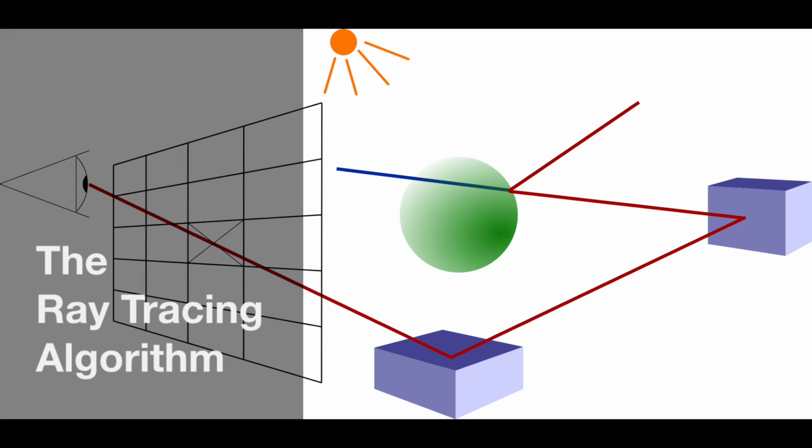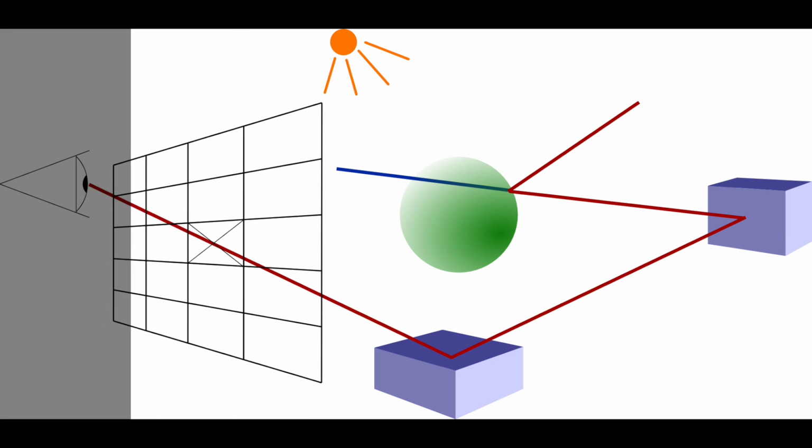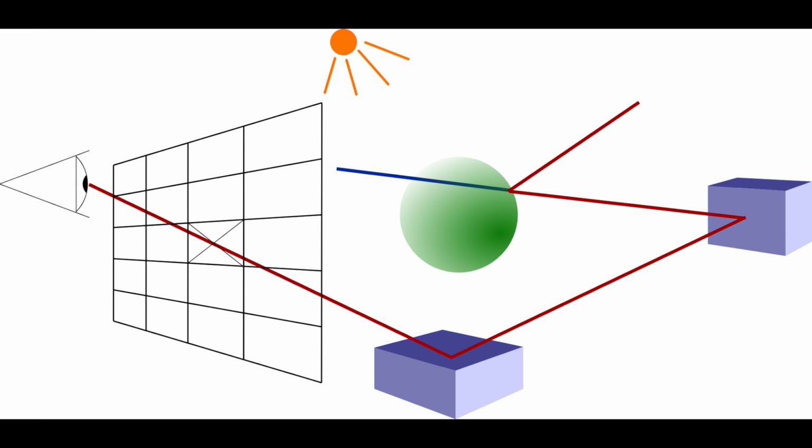Let me present how the ray tracing algorithm works overall. This algorithm basically shoots rays from the camera point of view to each pixel of the image. By following the direction of these rays, it looks for the intersection of each ray with the objects of the scene.